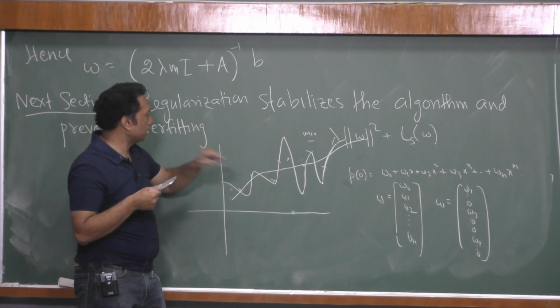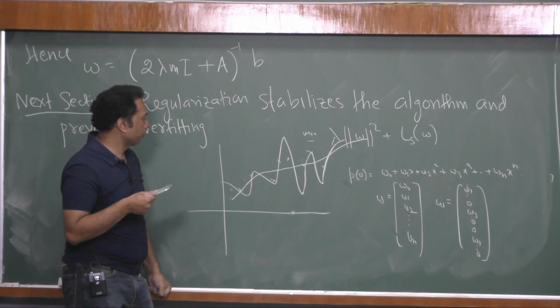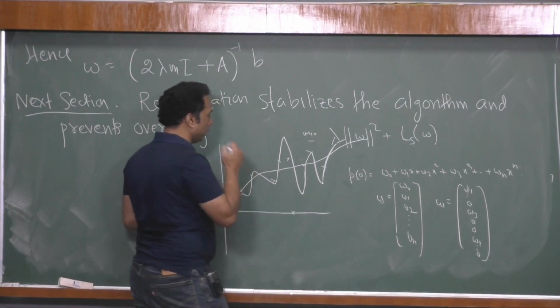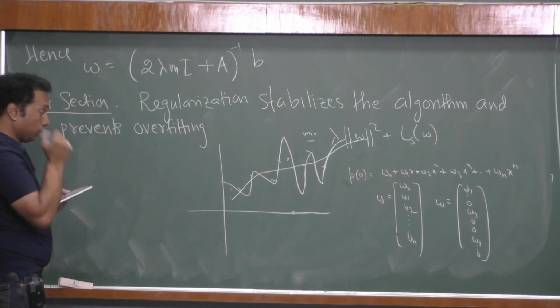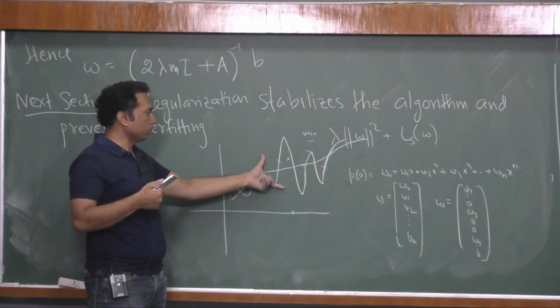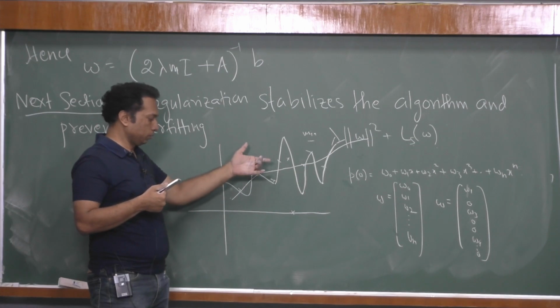So fitting everything perfectly is not a good idea in general. In the very first or second class we said overfitting is memorization. Memorization is not learning. From a machine learning point of view, if you memorize, then you will not generalize.